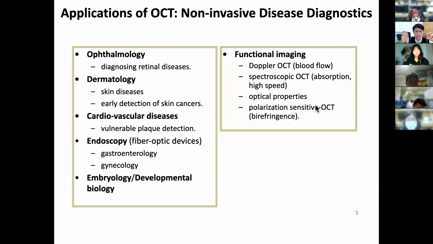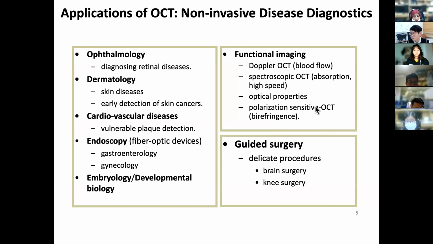If a cancer arises, this has been found very useful. Also, the fast imaging technique allows us to use it for real-time detection. So that can be used for guiding surgery, such as very delicate procedures, brain surgery, knee surgery. OCT has been used, and this is an excellent application.